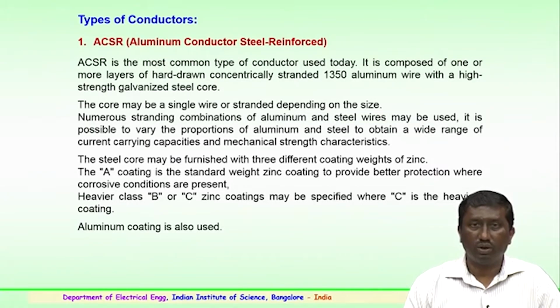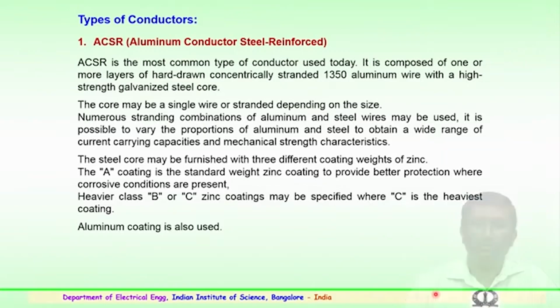The steel core could be furnished with 3 different coatings, with zinc coating so that corrosion does not happen. The class A coating is the standard weight zinc coating. Apart from that, the heavier class B or class C zinc coatings may also be specified to provide better protection for corrosive conditions.